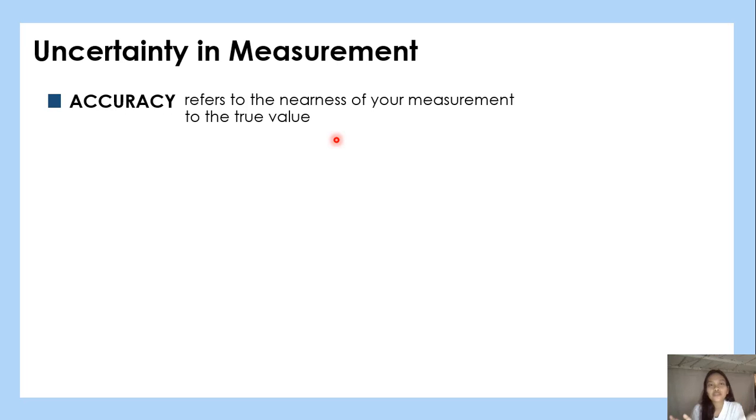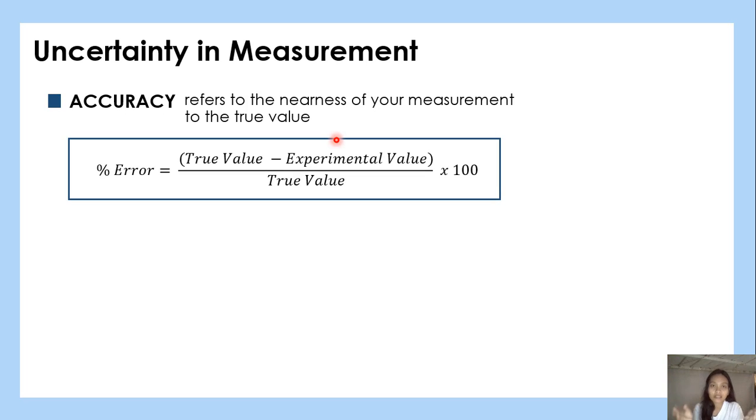Accuracy refers to the agreement of the measurements to the true value, the nearness or closeness of your measurement to the true value. To measure your accuracy, we have the percent error.